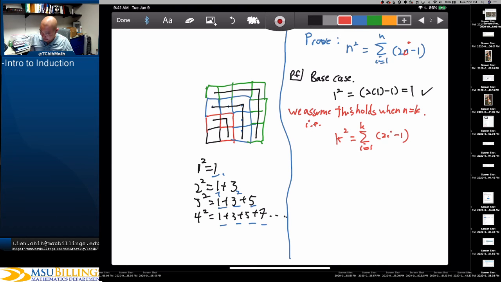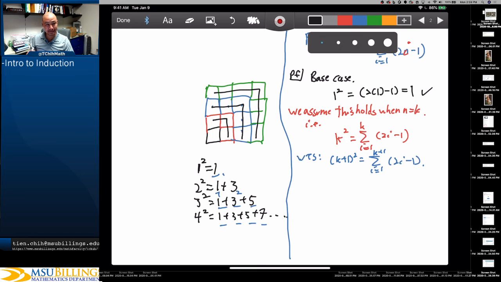And now what we want to show is that when I progress to the next case, that is going to be the sum from i equals 1 to k plus 1 of 2i minus 1. Right, that's what we want to show now.